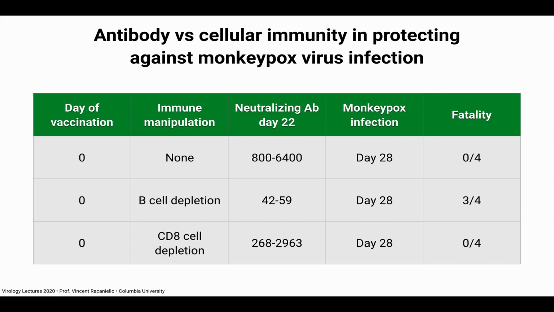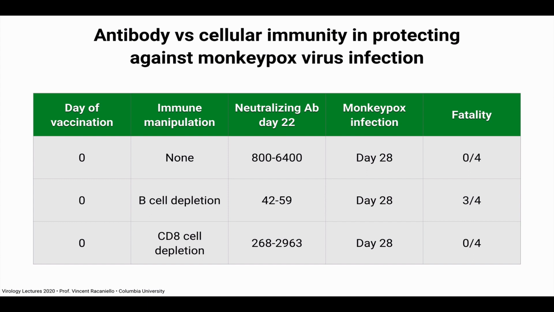Okay, we've talked about antibodies and CTLs as contributing to prevention of infection and recovery. So how do you know what an antibody does versus a cell? Here's an experiment that asks which is important in protecting monkeys from monkeypox infection: antibody versus cellular immunity.